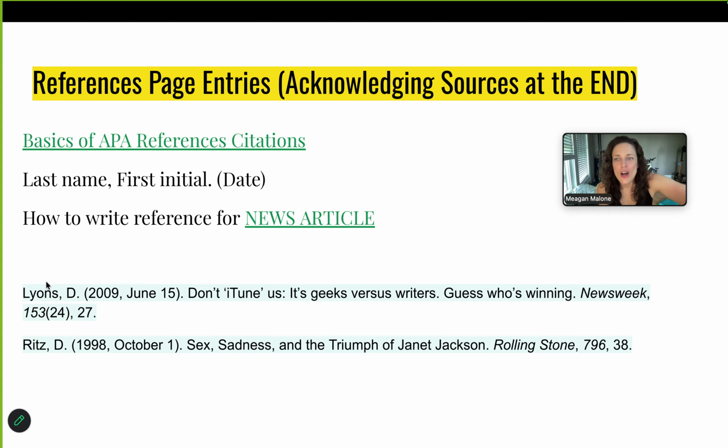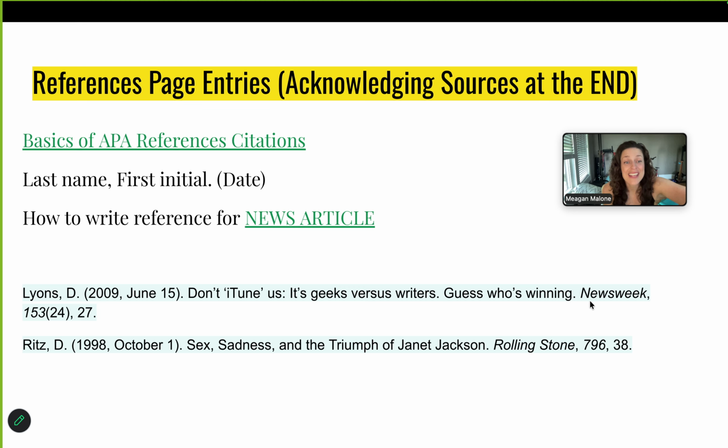Here's what you do. For a basic news article or something from a periodical, you're going to have the last name, comma, the first initial, and this is the author. Then immediately following that is parentheses, and it's the date at which it was published. And then you're going to put the title of the article, no quotation marks, no italics, and then you put a period.